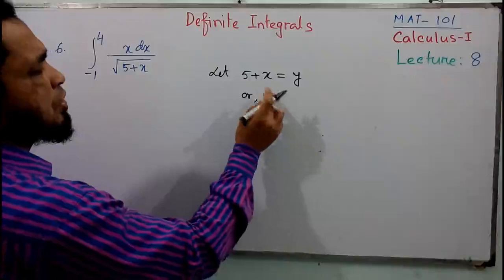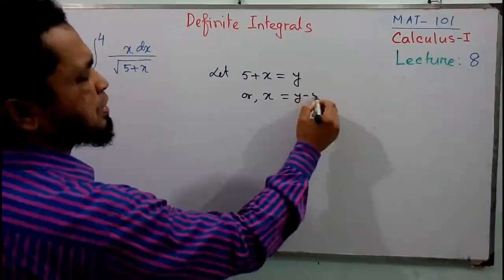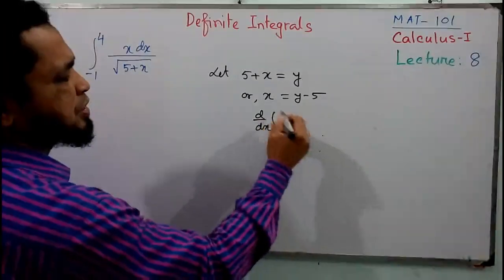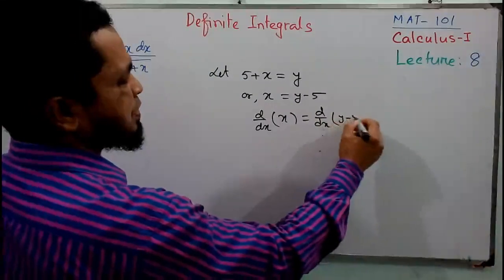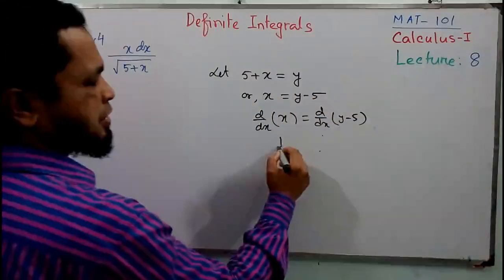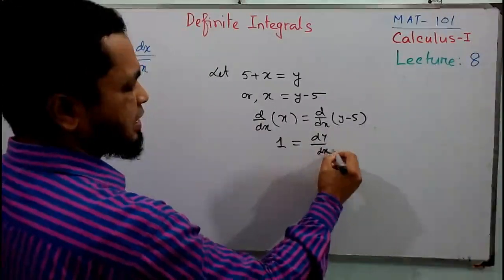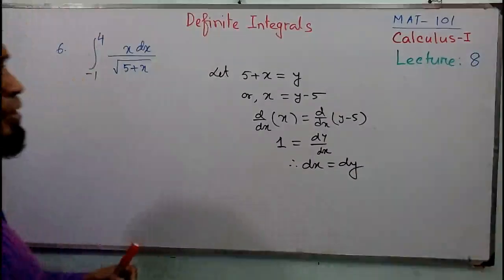Then you have to find the value of x. Suppose x equals y minus 5. And you differentiate with respect to x both sides. 1 equals dy by dx. Therefore dx equals dy.